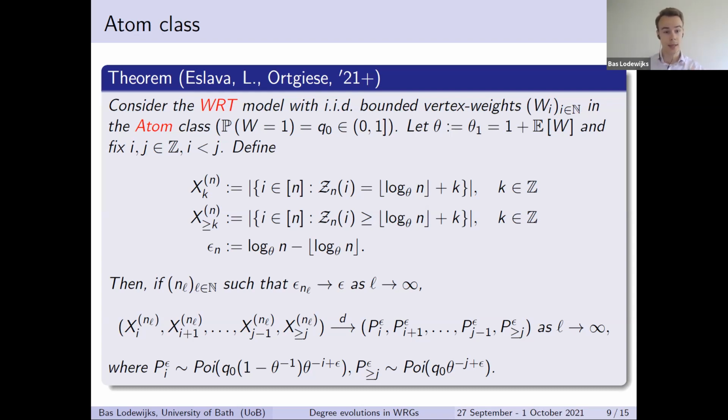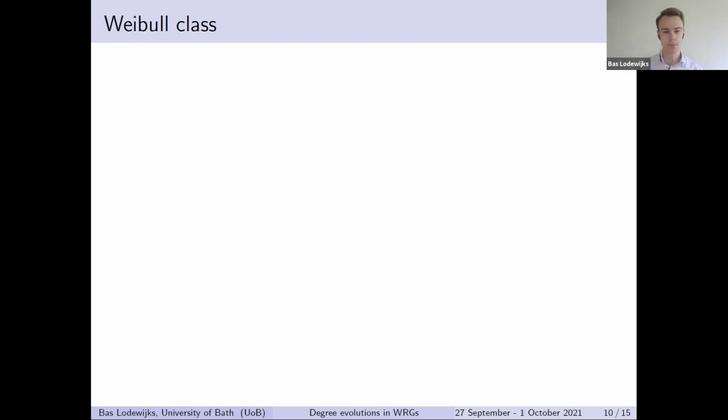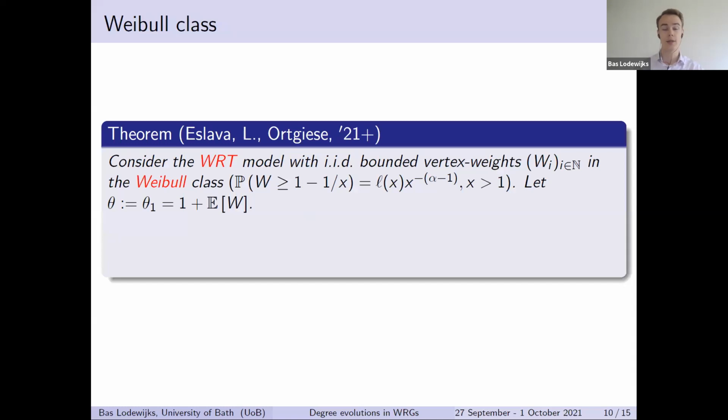Now, in this case, the atom class, the weights are able to be exactly equal to 1. In the other classes, such as the Weibull class, this is not the case, and so you would expect the maximum degree to grow slightly slower there, and this is exactly what we see. So if we take, again, the weighted recursive tree model, but now weights in the Weibull class, then we observe the following.